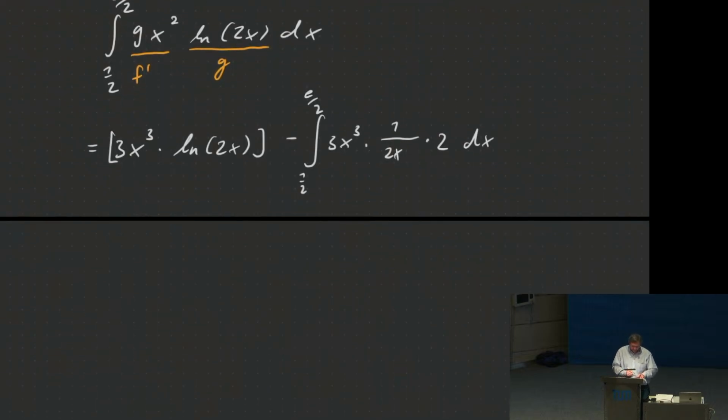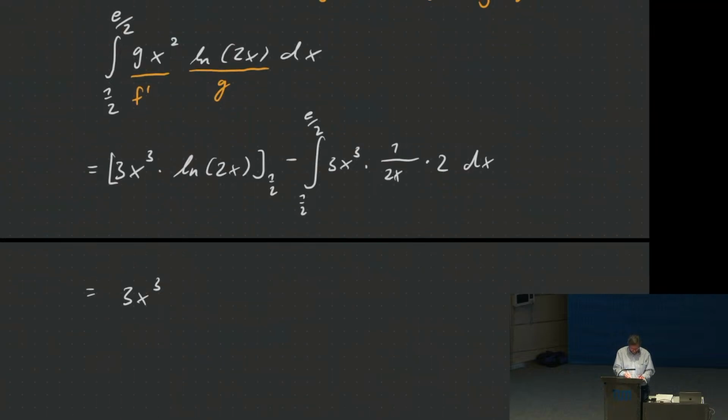And as you can see, what happens here is when we get something over x, this nicely cancels out with part of this term, so we're left with a polynomial. And that should be easy. Right, so we get 3x to the power of 3, and by the way, I should also add the bounds here. 3x to the third times ln 2x, let me evaluate that later, minus, I'll just write it down once again.